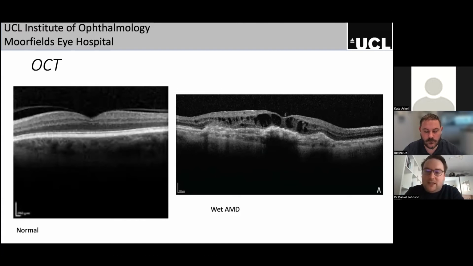And then underneath, instead of having these nice straight three white lines, you've got all this ruffled, rugged area, which is usually due to this network of blood vessels underneath, which is causing the problem here. So again, we can now monitor the progress of wet macular degeneration over time. So let's say if you're having treatment for that, we'd like to see these black spaces go away and disappear in time. That usually correlates with you noticing an improvement in your vision.